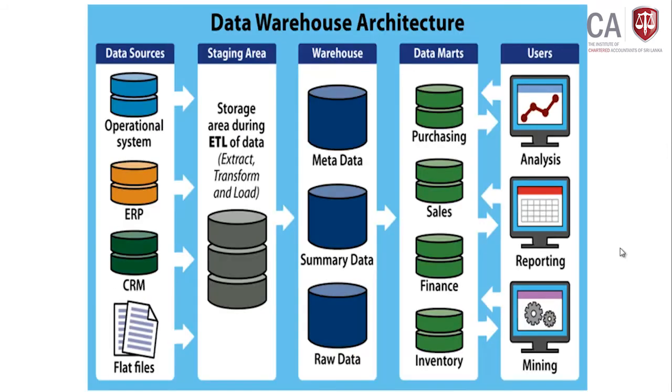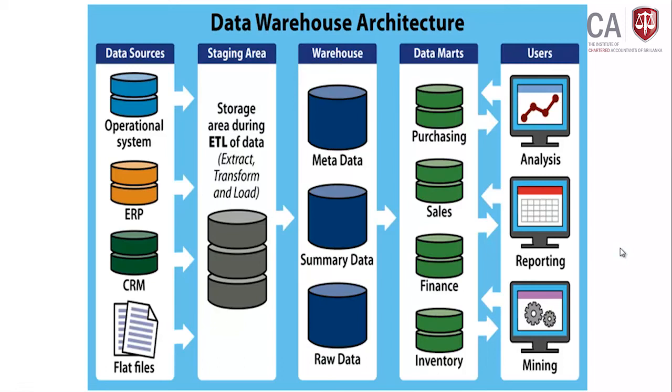In here, the simple diagram shows the architecture of this data warehouse. Data sources: operation system, ERP, CRM (customer relationship management), flat files. There are different data sources to gain the information.